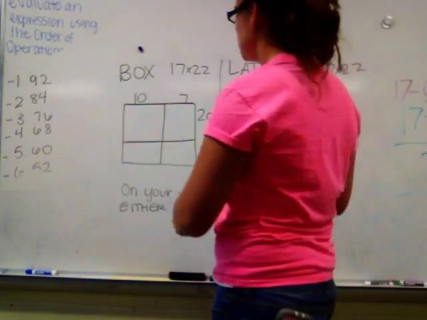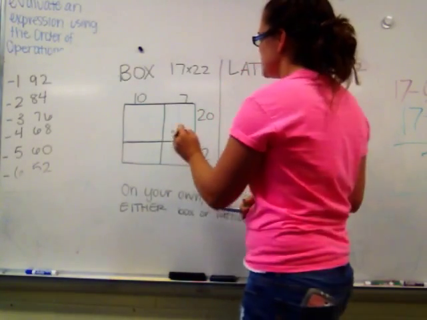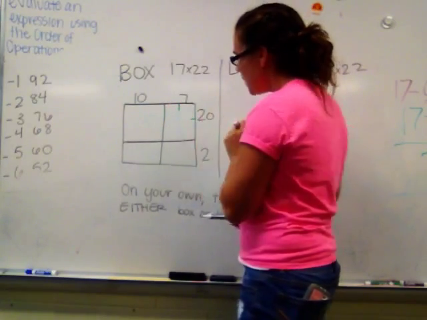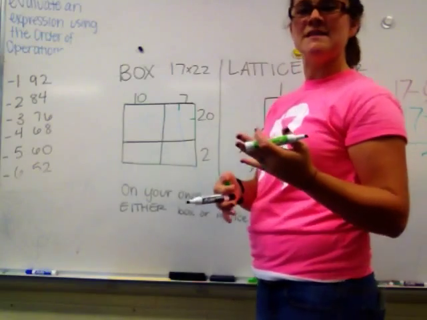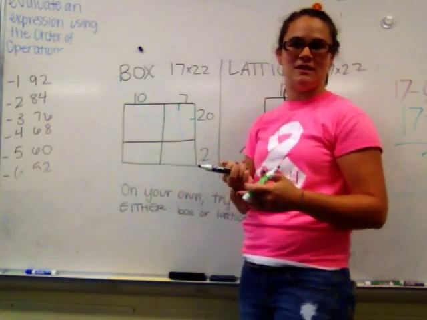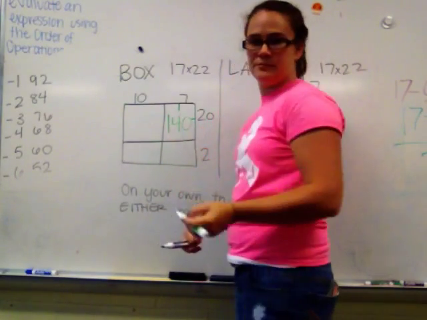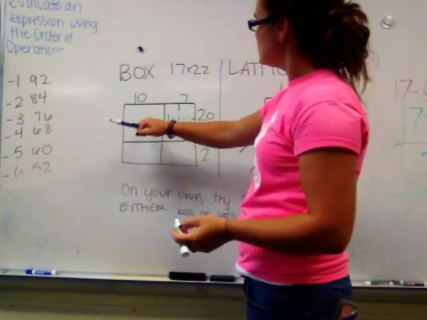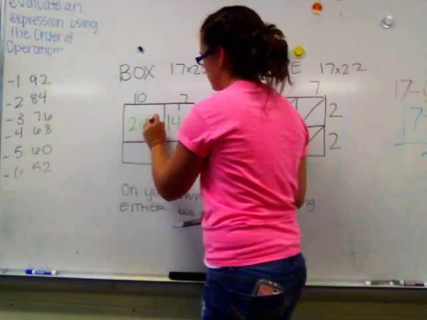So what I'm going to do is look to see where the numbers meet, kind of like in a multiplication chart. So 7 and 20 obviously meet in this box, so I would do 20 times 7, which I can forget about my 0 and then tack it on at the end later, and that gives me 140. Right? Then I can do 10 times 20, that gives me 200.